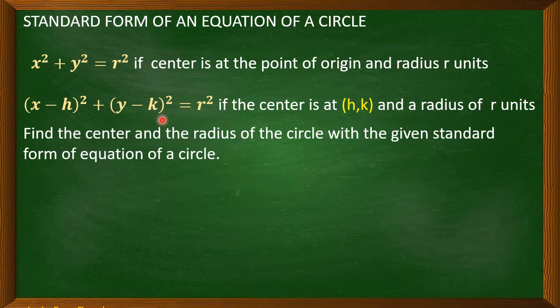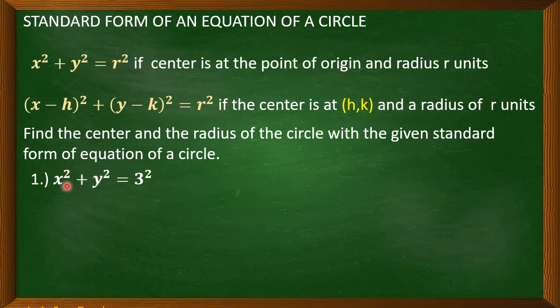Okay, let's have an example. Find the center and the radius of the circle with the given standard form of equation of a circle. Number 1: x squared plus y squared is equal to 3 squared. If you have observed, the given equation is following the first standard form of an equation of a circle.